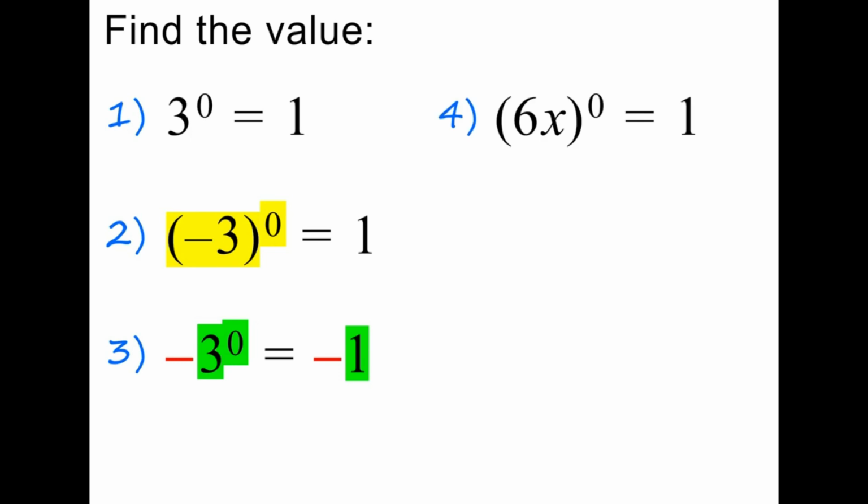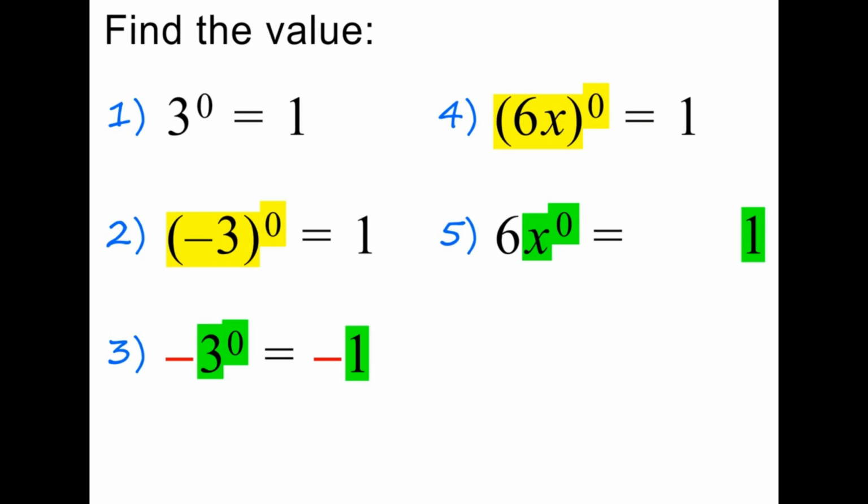Earlier, we also saw that 6x all to the power of 0 is equal to 1. In this case, the whole bracket is the base. Let's now look at the same example, but without the bracket. This time, the 0 exponent only applies to x. In other words, only x is the base.